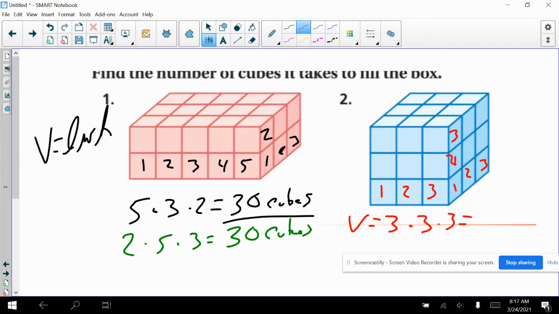Our answer is, what is it? 27 cubes. Okay, you're okay with the cube thing, right? Pretty simple stuff, right? Especially when they give you a visual like that, right? You can count across, count over, and count up. You're in good shape.